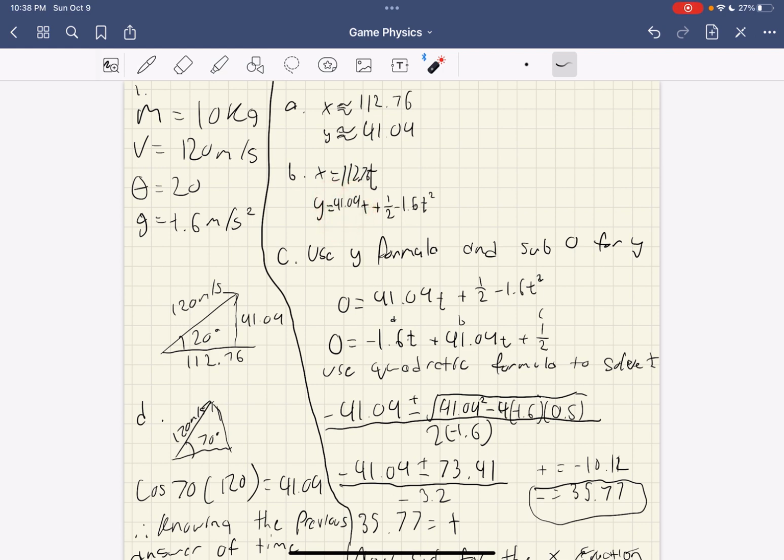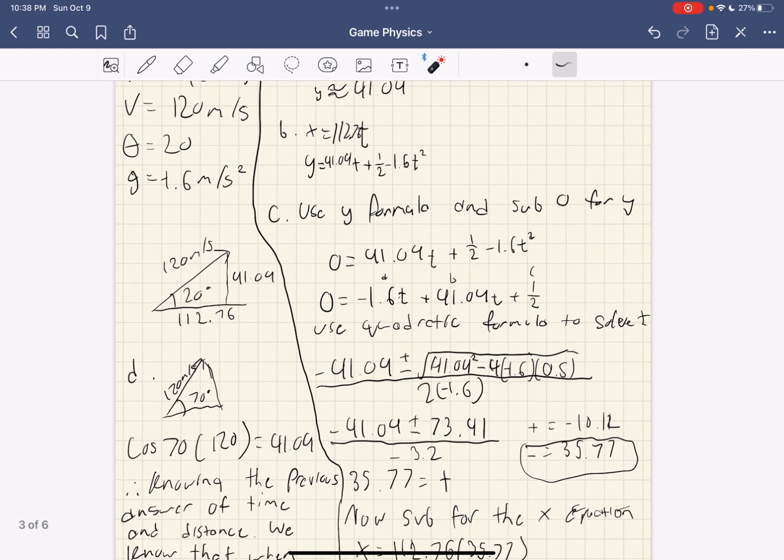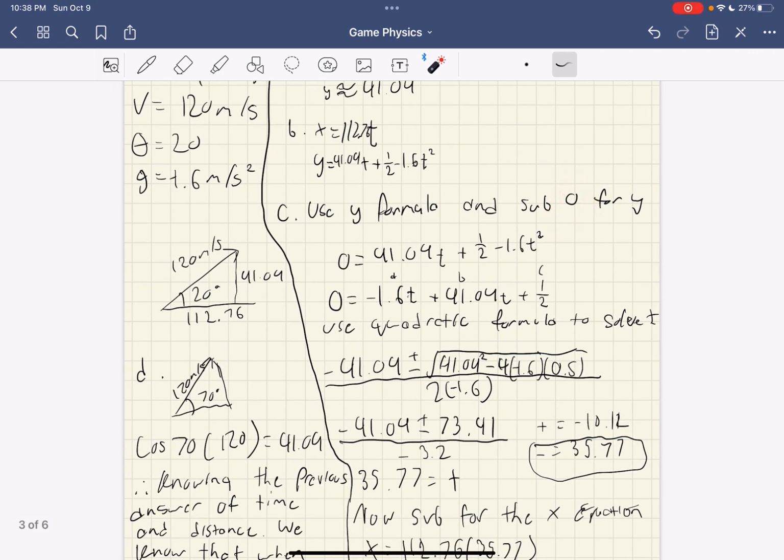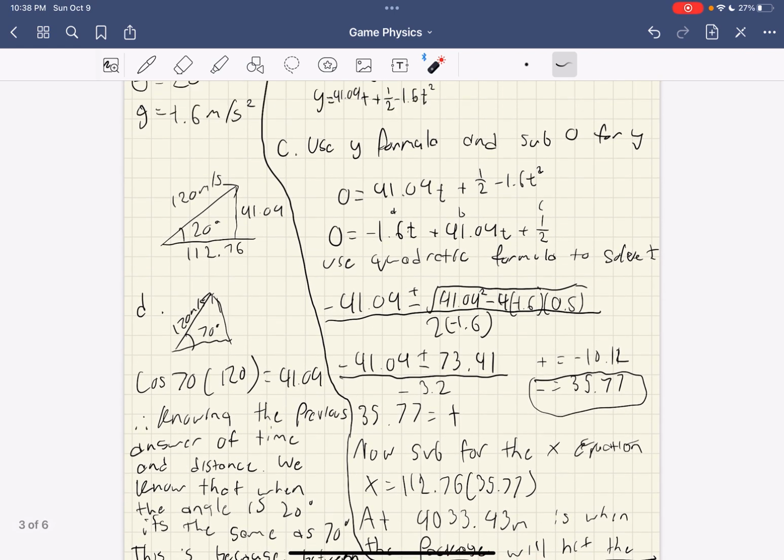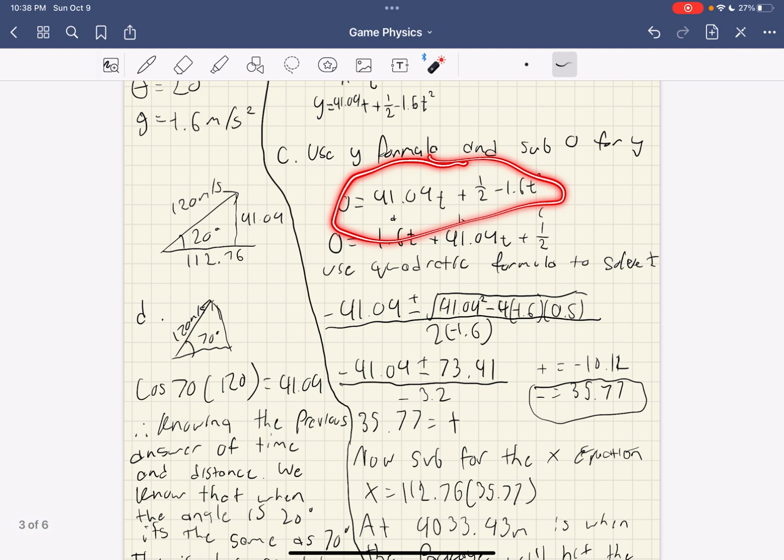And so with that, we can use the quadratic equation to get t, because we want t to find x, because we want to find the distance for part C, which is where will the package touch the ground. So using that, we have the quadratic equation. So we sub 0 for y, because y is the ground. And so over here, we just have that.